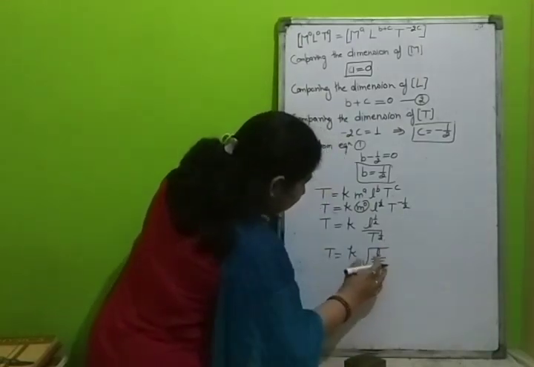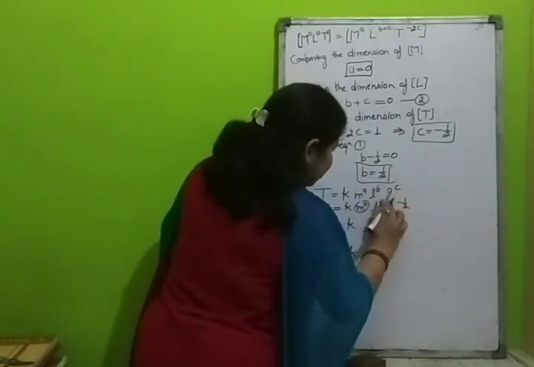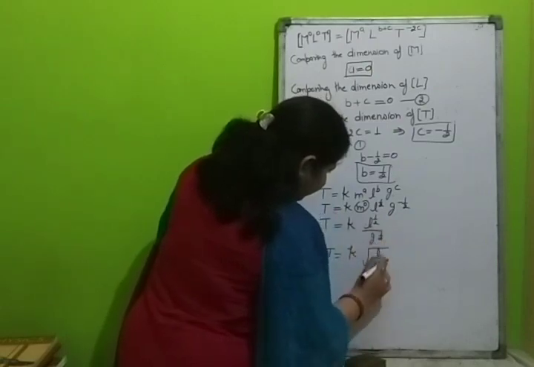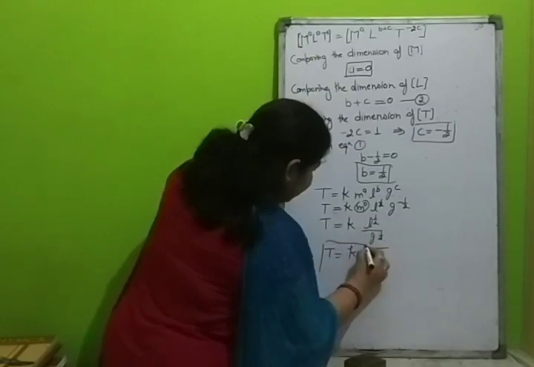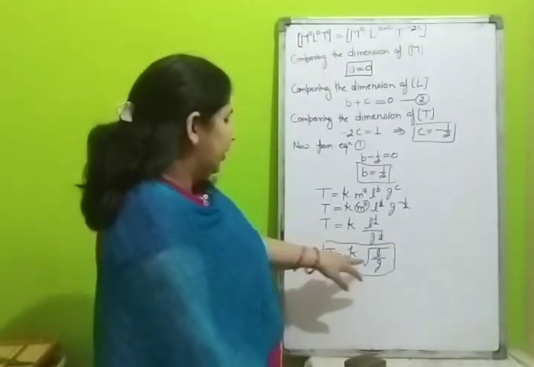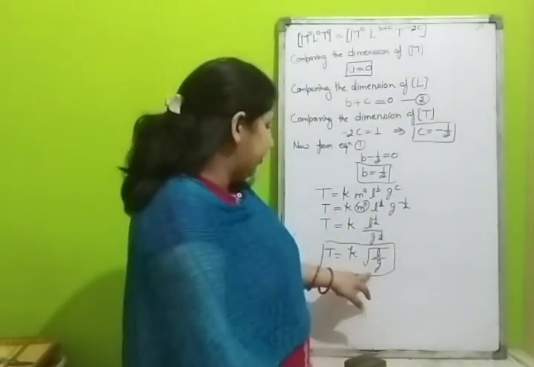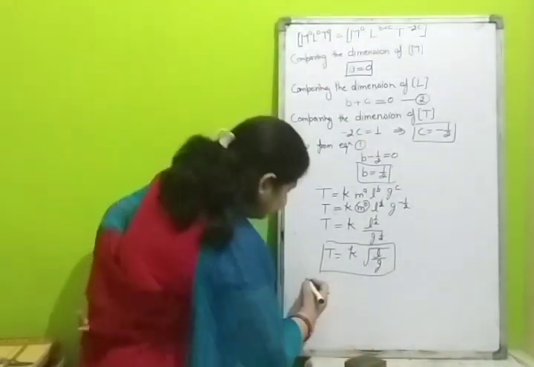Actually it is g. Then we have the relation among the time period of the pendulum, length of the pendulum and acceleration due to gravity. It means T is independent of the mass of the bob.